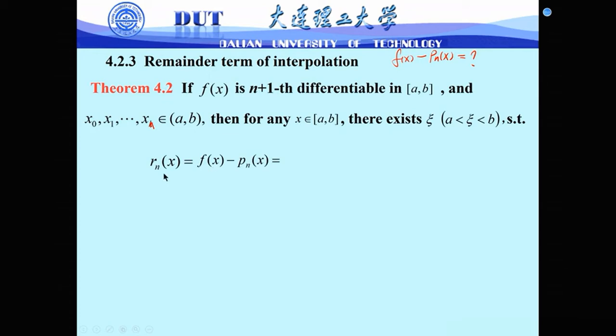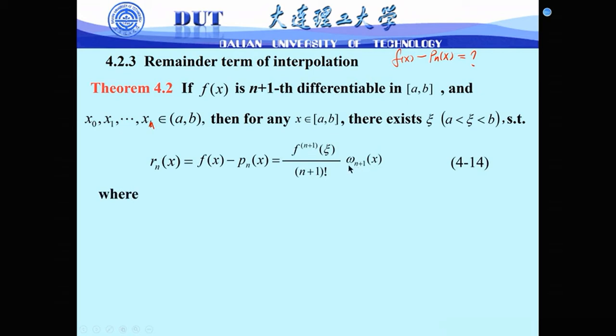So this also means the remainder term. We can obtain the remainder term in this form. It is a ratio: the numerator is the n plus 1 derivative of f at xi, divided by n plus 1 factorial, and multiplied by omega n plus 1 of x.